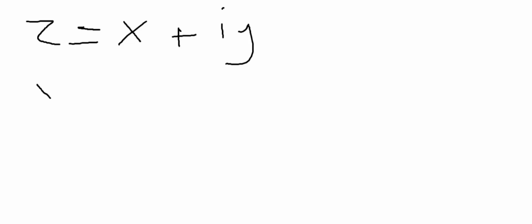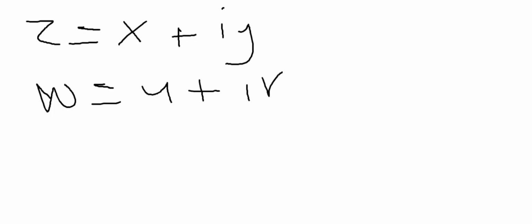So we move to multiplication of complex numbers. We have to master the formula where we have z equal to x plus the imaginary part, and we have w equal to u plus the imaginary part, and they tell us to multiply.